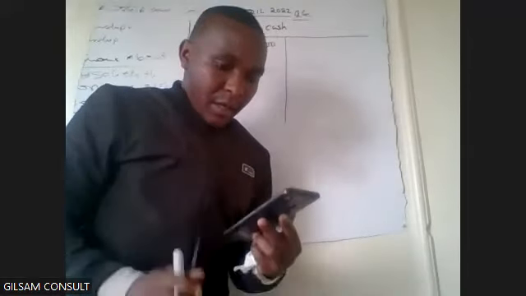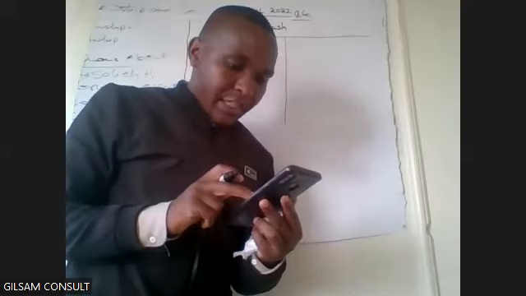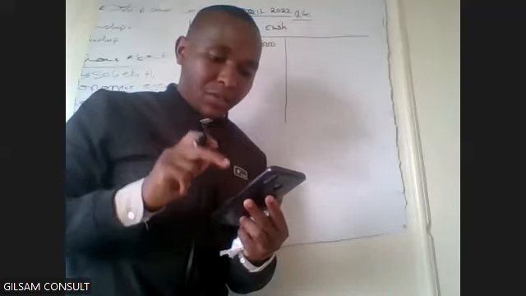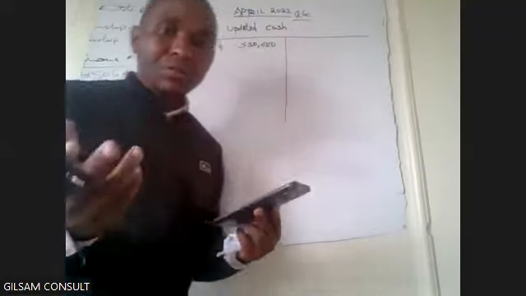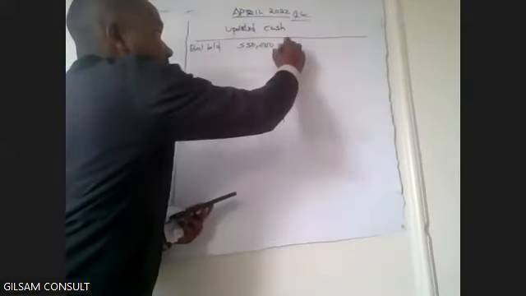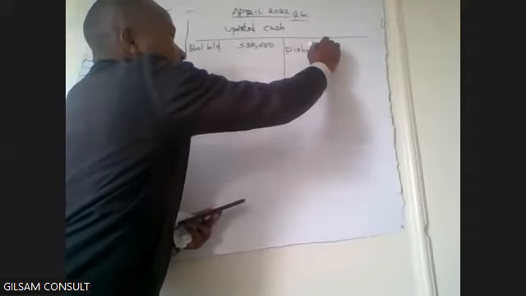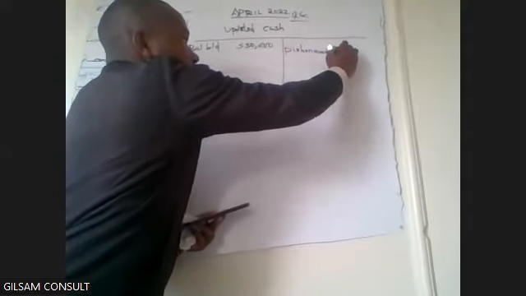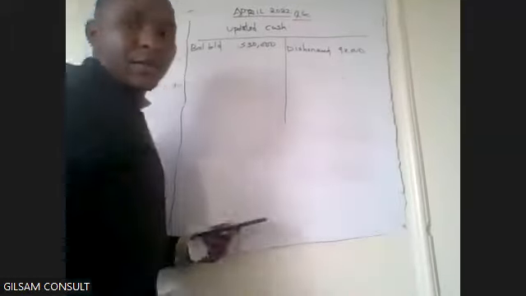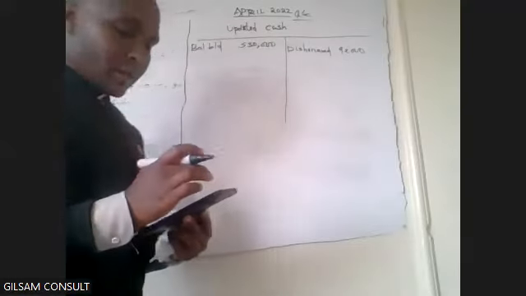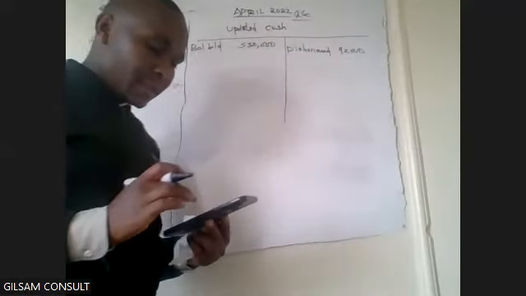Then look at note number 1. A check received from a debtor of 92,000 debited in the cash book was returned by the bank. We said that one is a dishonored check. So we have the dishonored check of 92,000.